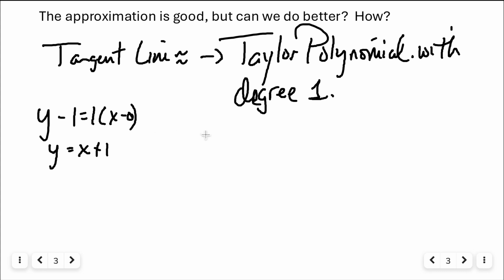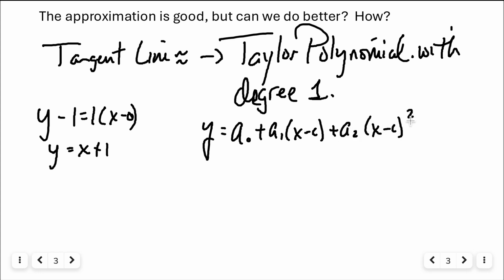So could we write something in the form y equals a0 plus a1 times (x minus c) plus a2 times (x minus c) squared? Well, this would be in quadratic form. This would be degree 2. The question is, how would we write something like this?